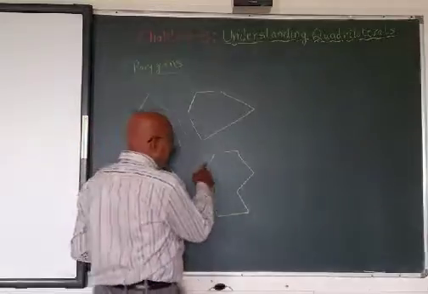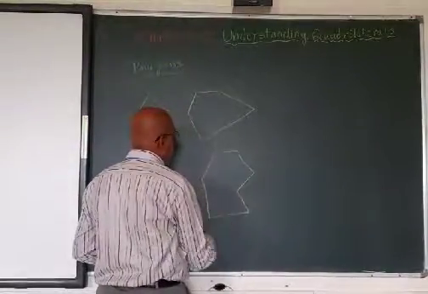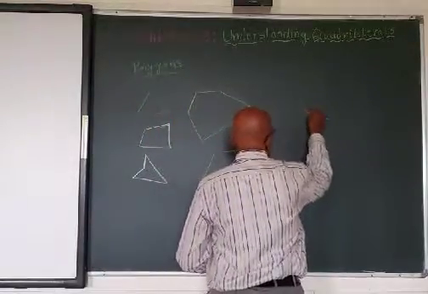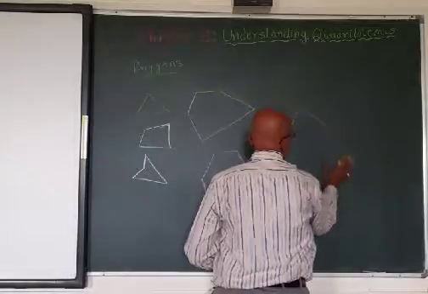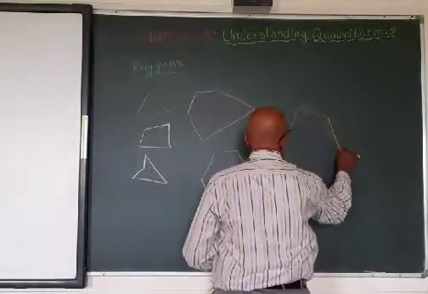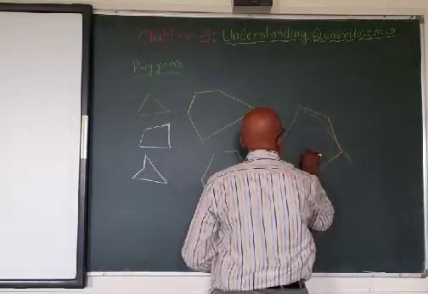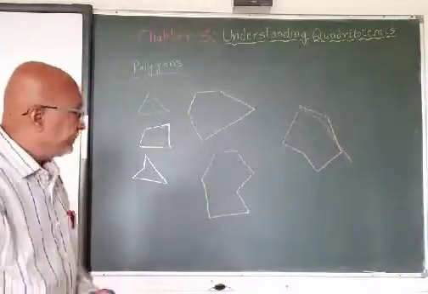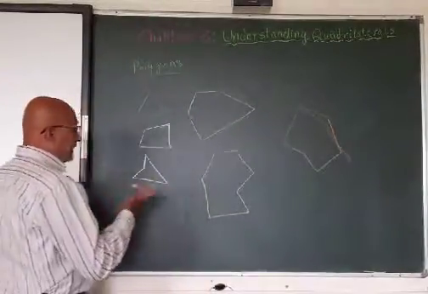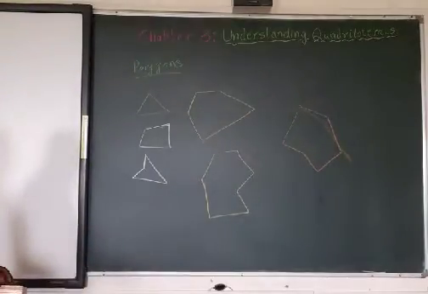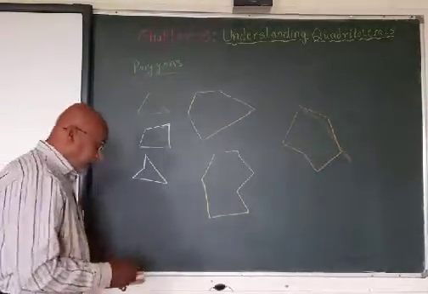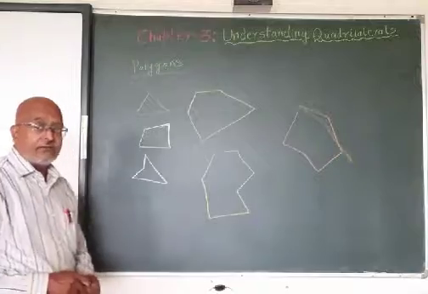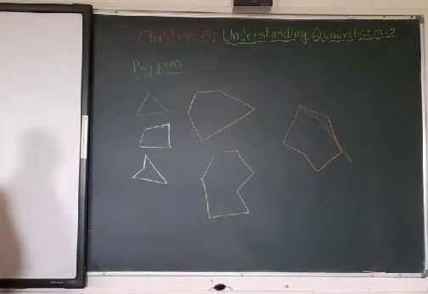How many sides? 1, 2, 3, 4, 5, 6, 7. 7 sides. We can show a polygon of 6 sides also. 1, 2, 3, 4, 5. This is also a polygon. But there are 2 types of polygons. One is the concave polygon and one is the convex polygon. Now, what is convex and concave?